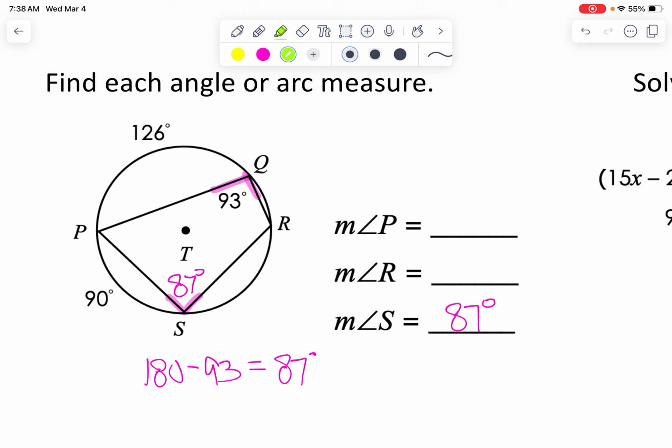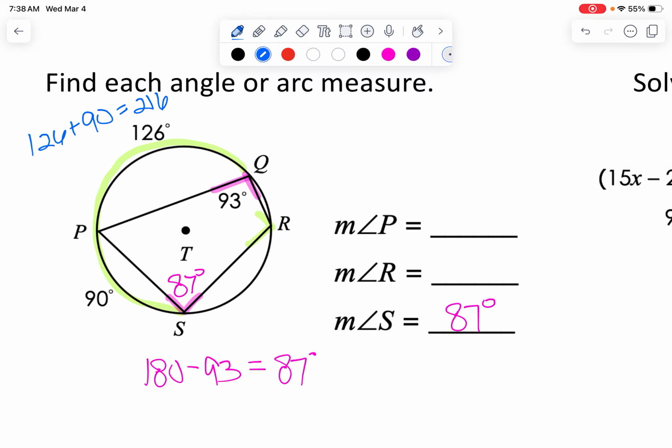Now R opens up, that angle opens up from here to here. Okay, well, I don't know what R is, but I do know that its intercepted arc would be 126 plus 90, which is 216.